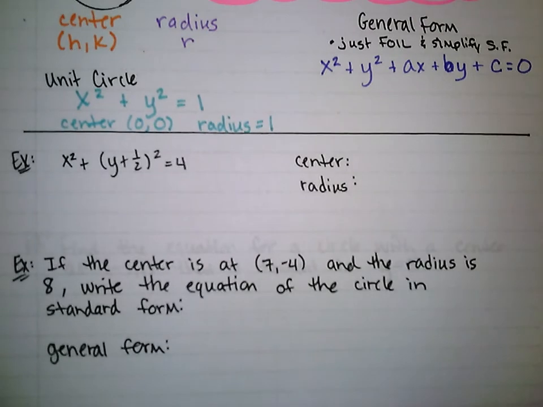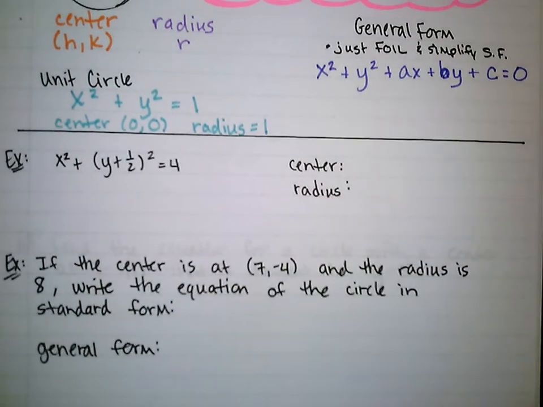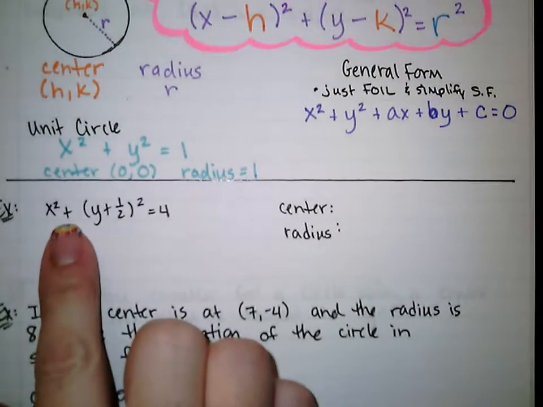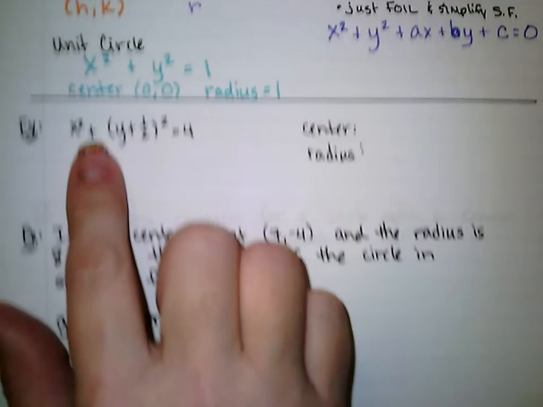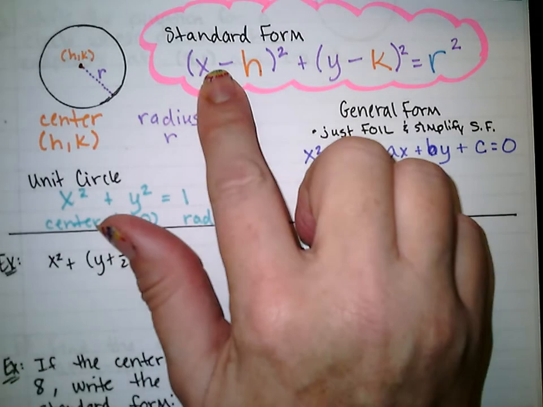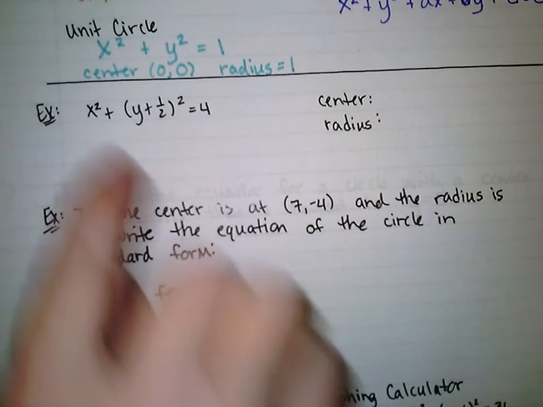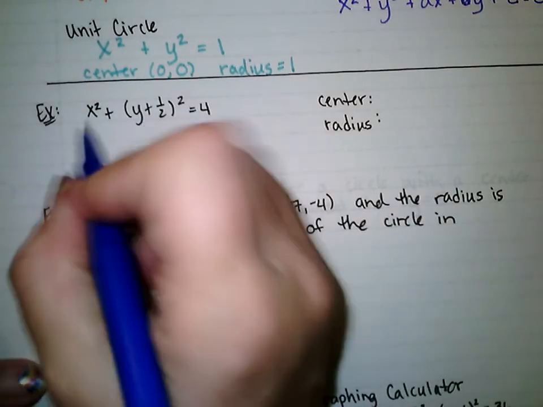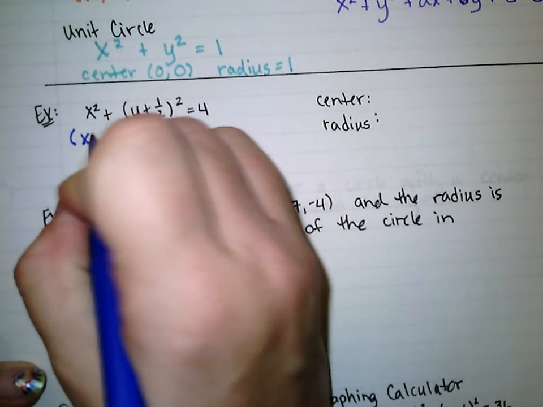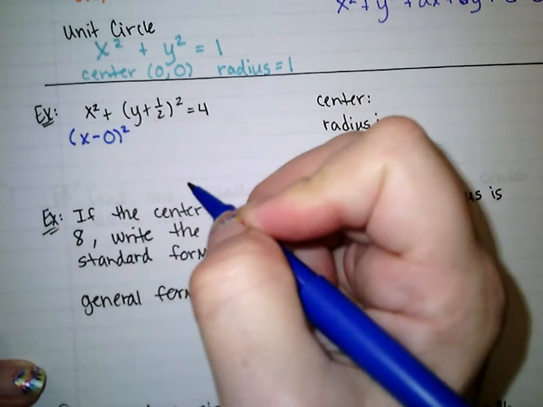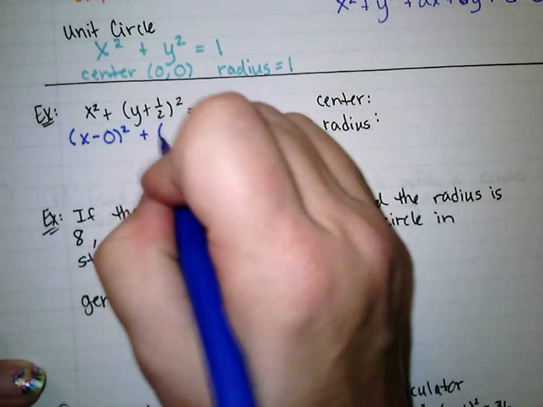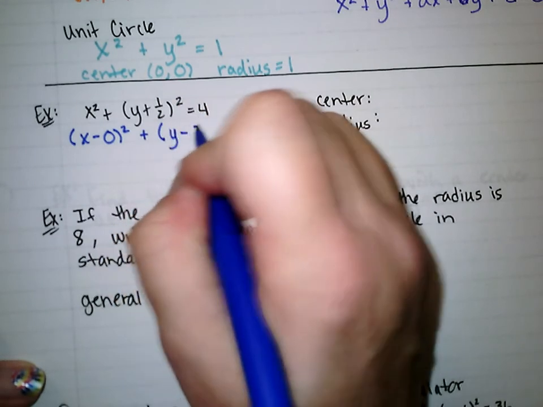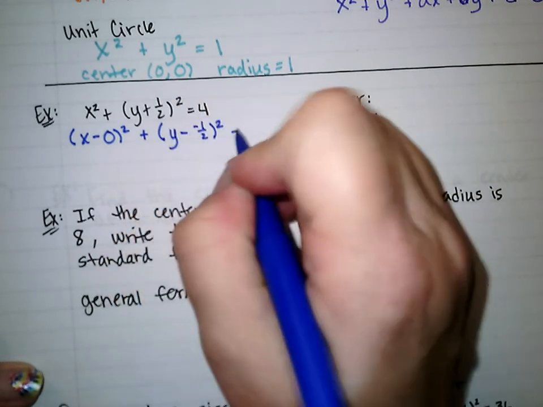Okay, let's practice finding the center and radius of this circle that is in standard form. So standard form would be (x - h)². This one doesn't have anything in with the x, so it's technically (x - 0)², and then plus (y - (-1/2))² equals 4.